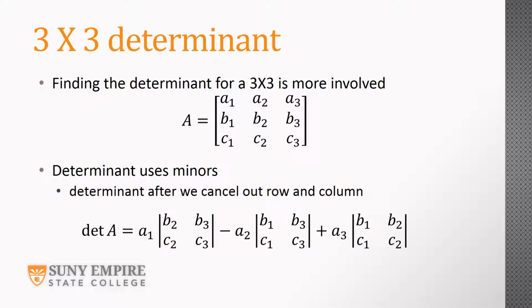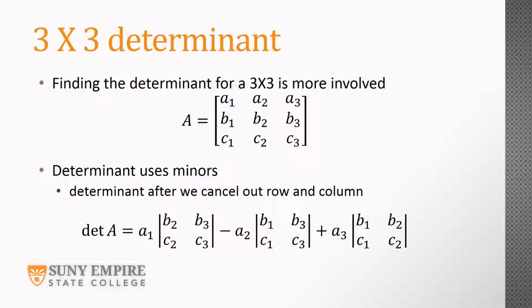The determinant of the entire matrix is then the sum of these products with alternating signs. So the determinant of matrix A is equal to A sub 1 multiplied by its minor minus A sub 2 multiplied by its minor plus A sub 3 multiplied by its minor.